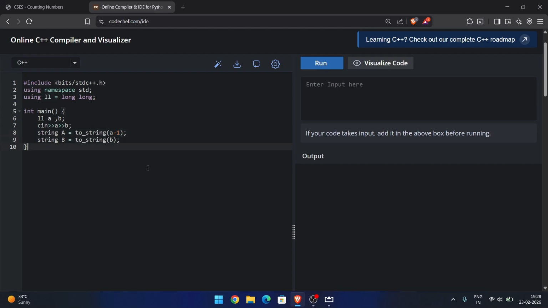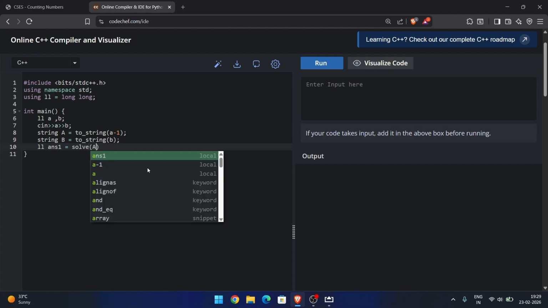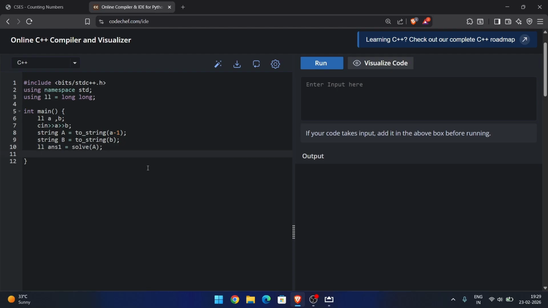So that's why we would subtract this one. Okay, so now what would be our answer? Let's calculate for A. Answer 1 would be solve for A, and answer 2 would be solve for B. What we will do, we will simply subtract the answers: solve for B minus solve for A.